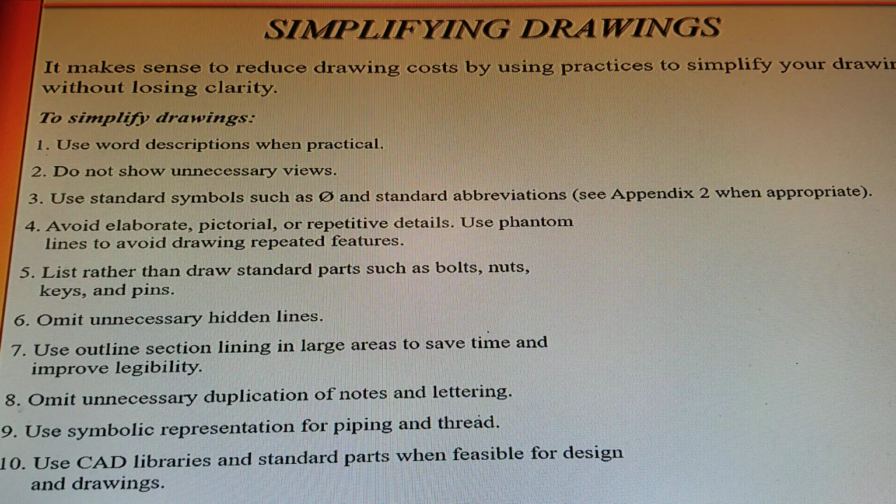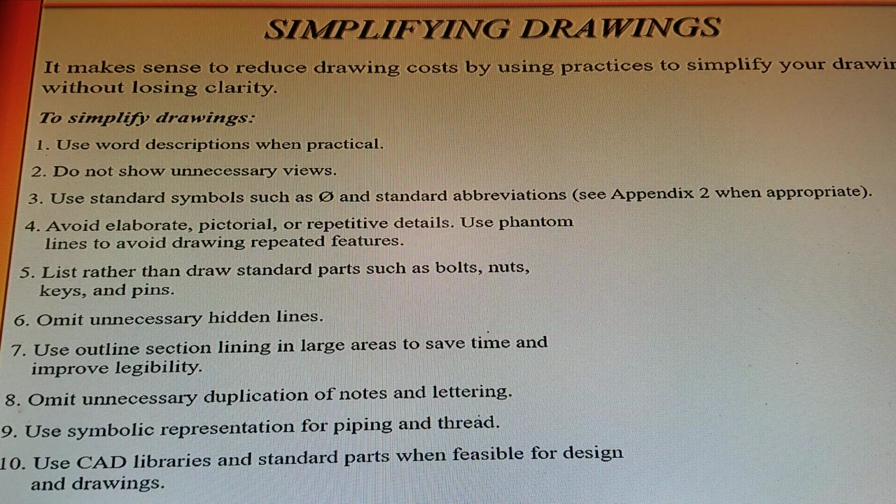Number 6, omit unnecessary hidden lines. Okay, if the hidden line is not contributing anything to the drawing, leave it out. Number 7, use outline section lining in large areas to save time and improve legibility. Number 8, omit unnecessary duplication of notes and lettering.